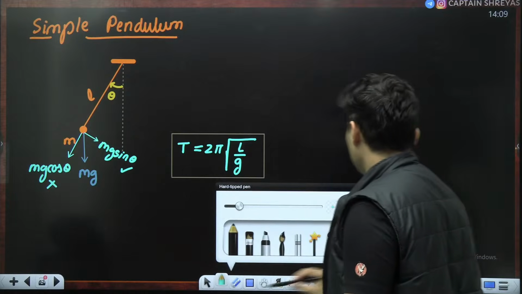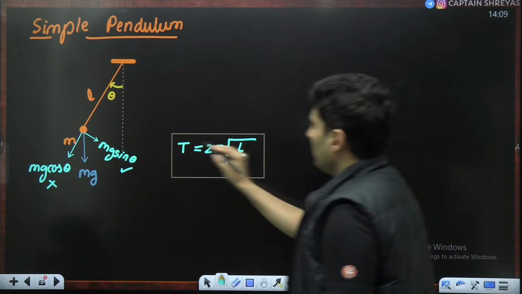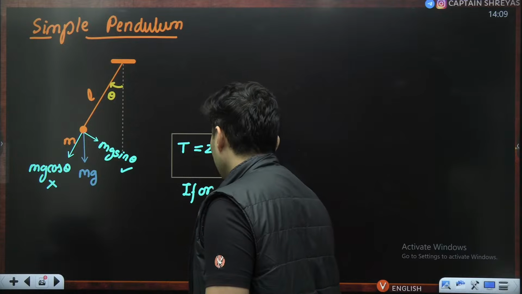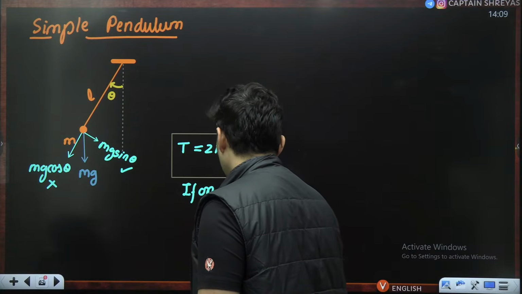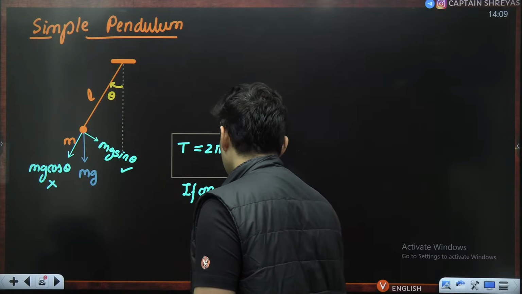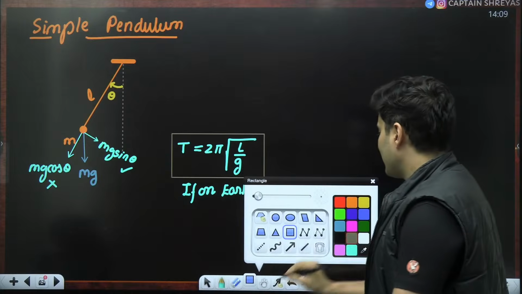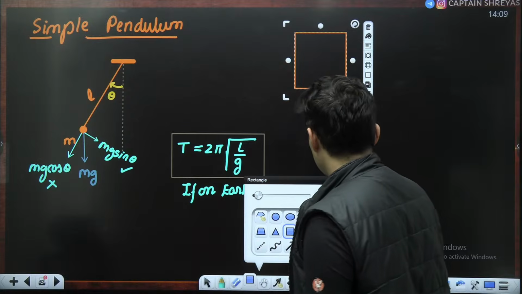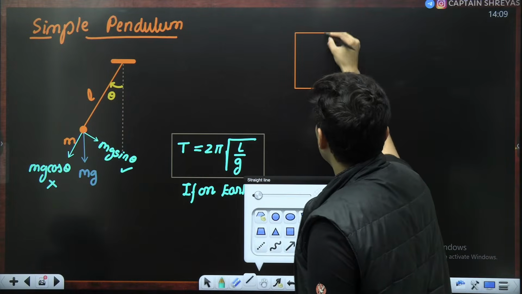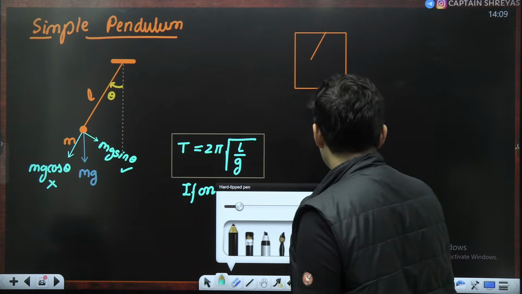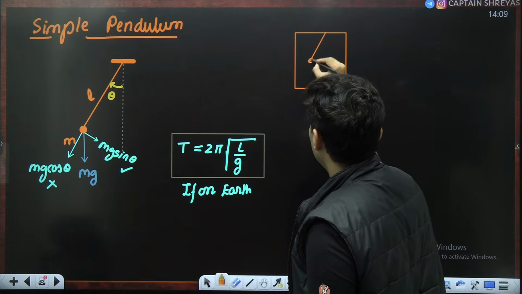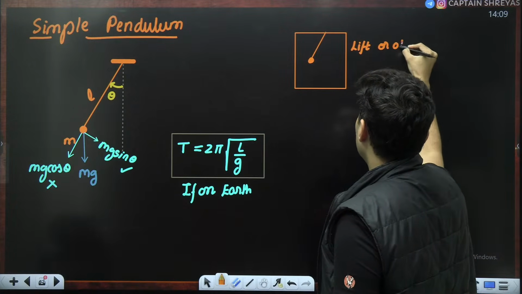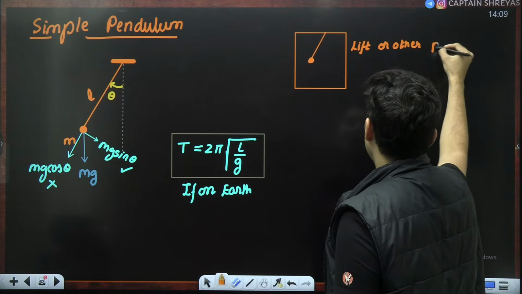Special variations: number one, this is the time period if it is on Earth. But let's say our whole system of that particular pendulum is inside some lift, or on another planet.